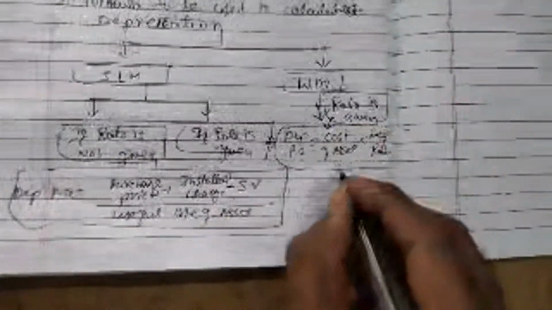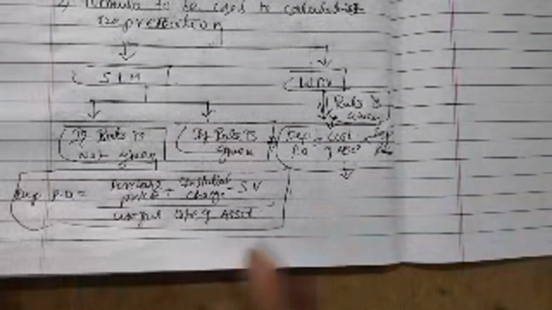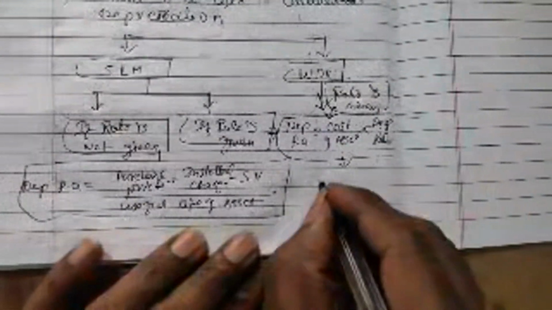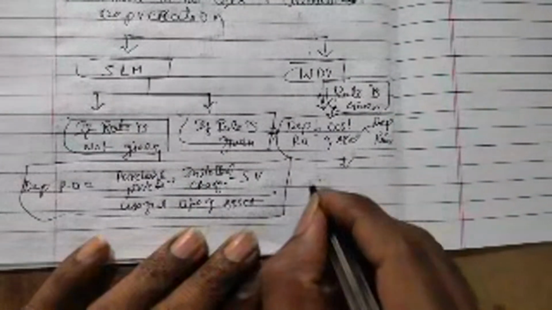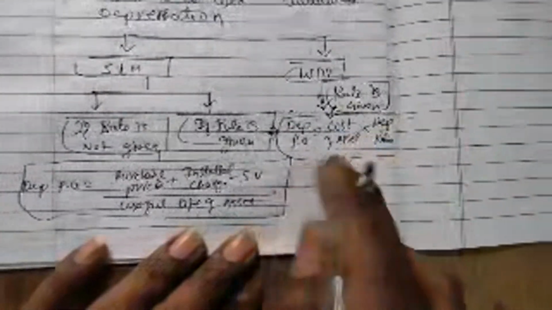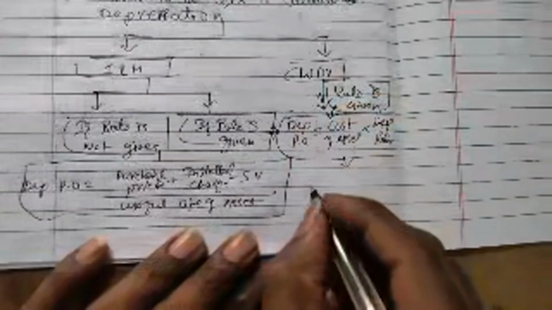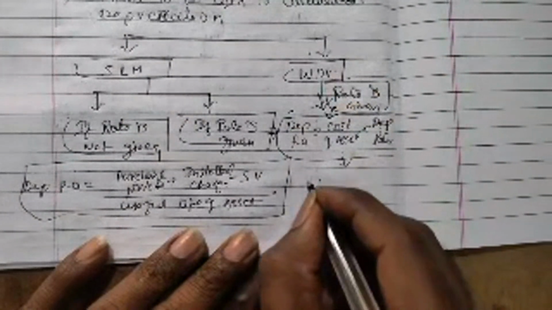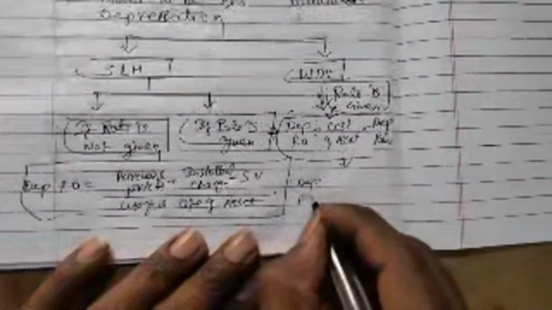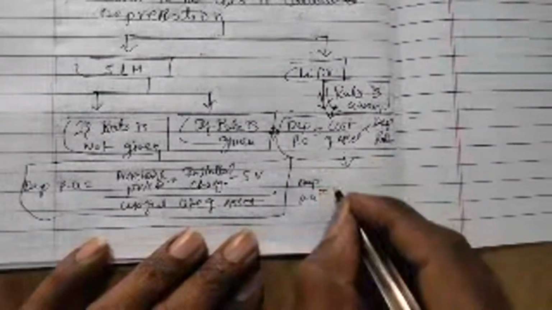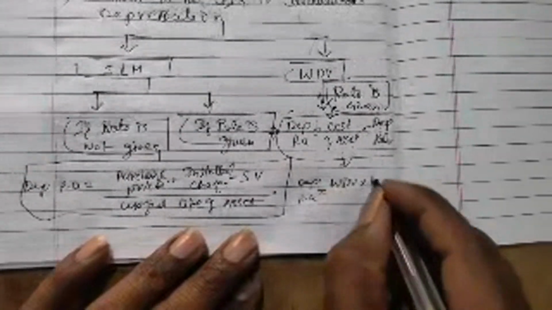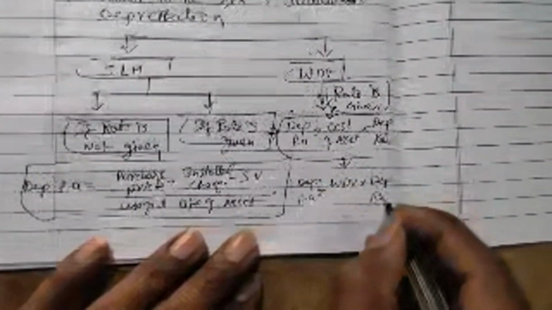In first year you will do like this. In second year onwards, it is which method? Written down value method. First year you will do like this in WDV. Second year onwards, under WDV, depreciation per annum equals written down value into depreciation rate.